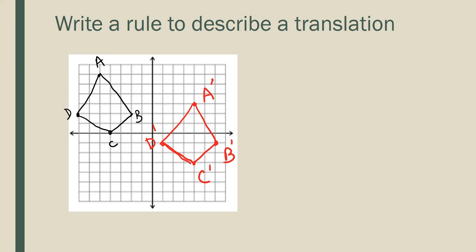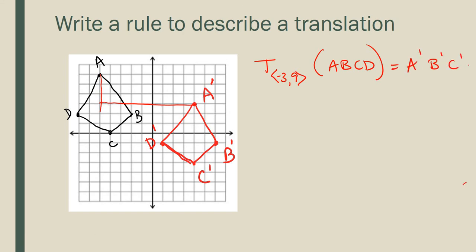And that's all we're doing today. Oops, there's another one. Let's write a rule. Sorry. So what did A do? A moved down 3 and to the right 1, 2, 3, 4, 5, 6, 7, 8, 9. So the translation of -3, 9 of ABCD should get me A prime, B prime, C prime, D prime.